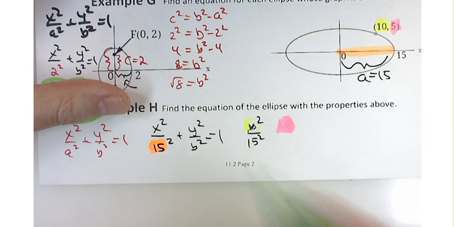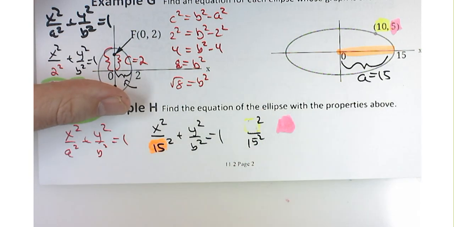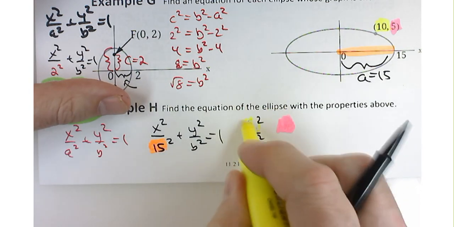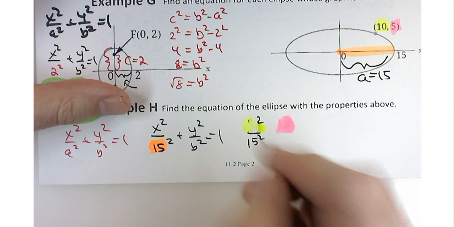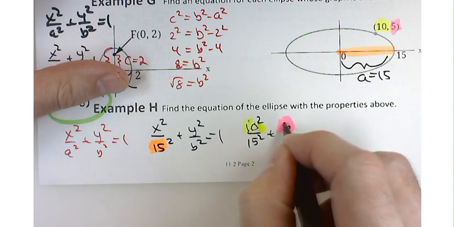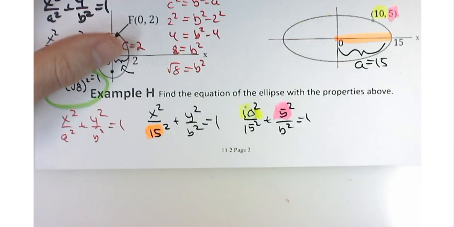That's horrible. I'm so annoyed at myself. Let's see, will that color it over? Yeah, I guess it does. There we go. So 10 squared over 15 squared plus 5 squared over b squared equals 1.